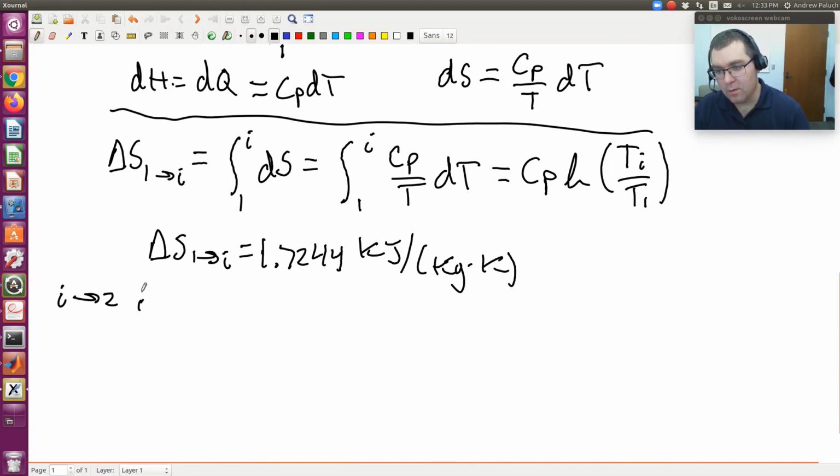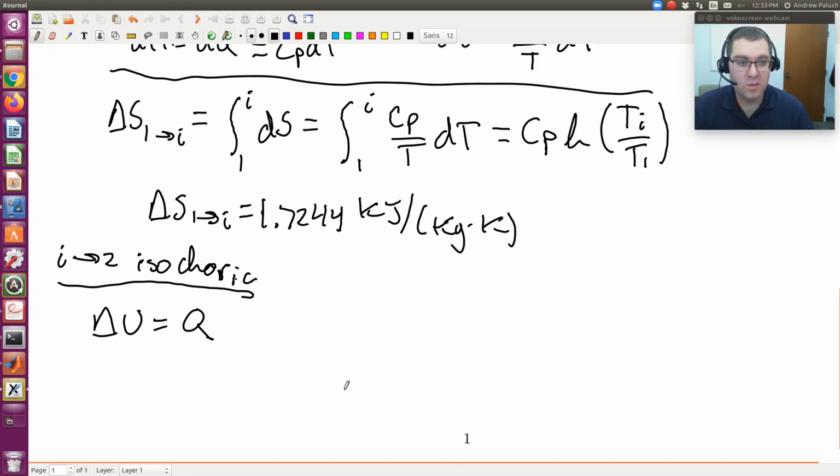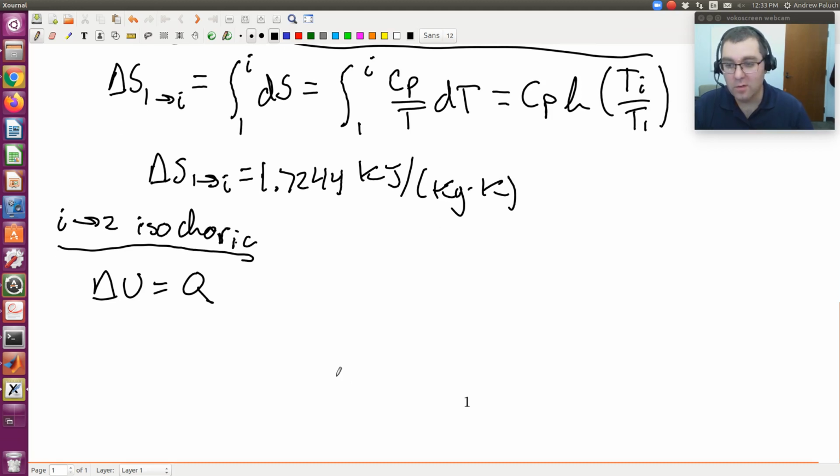Next, we have an isochoric process in which you go from I to 2. Now the key is, for an isochoric process, my first law balance reduces to delta U is equal to Q. Why? In theory, it should be delta U is Q plus W, but if we're assuming there's no shaft work, my only work is PV boundary work, and my volume is constant, then that work term is 0, since dV is 0.